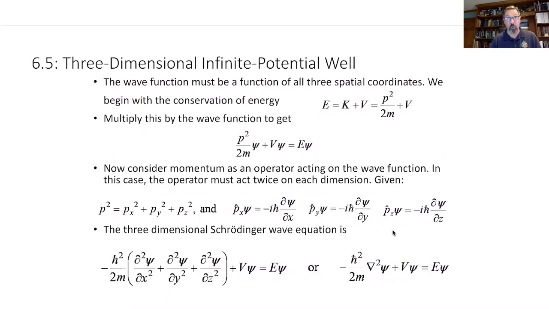Remember, V is not volts here. V is potential energy in joules. Okay, and very often it'll be electrostatic potential energy, like Coulomb's constant times 2 charges multiplied together divided by a distance.